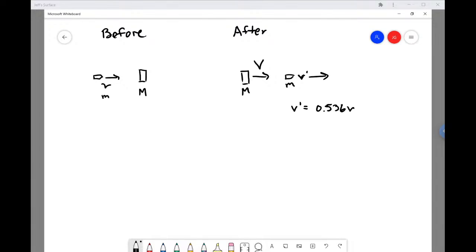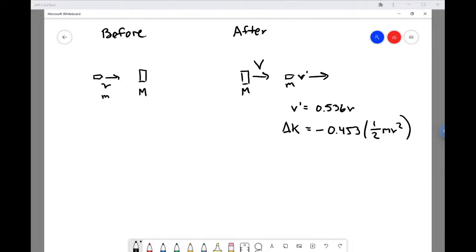And the other thing we know is that the change in kinetic energy of the system is equal to 0.453 times the initial kinetic energy of the bullet, which would be 1/2 little m little v squared. And the part I missed is that if this is a change in kinetic energy, it's a loss of kinetic energy. Final minus initial is going to be negative. So that conceptual piece I just forgot to add on Friday. So there needs to be a negative sign here.